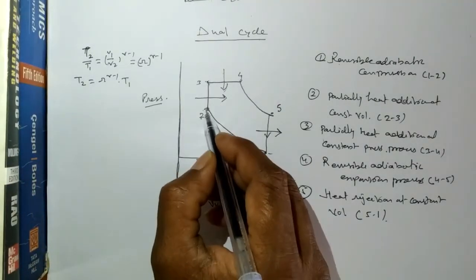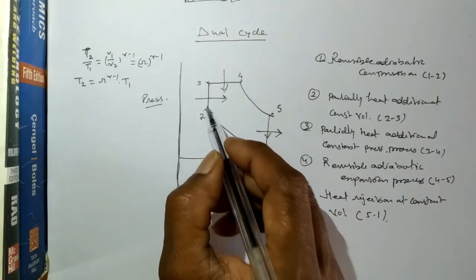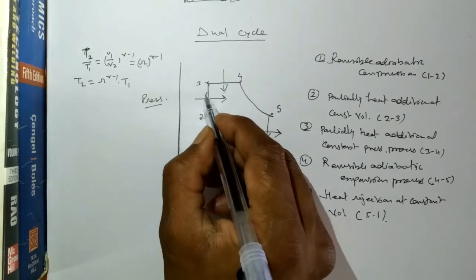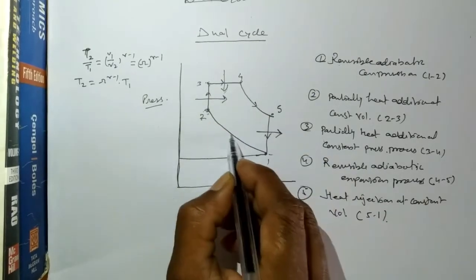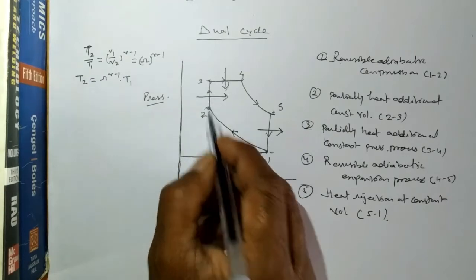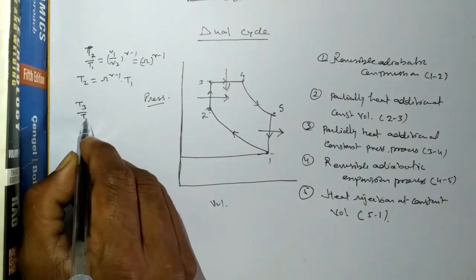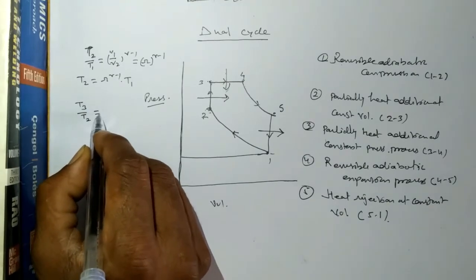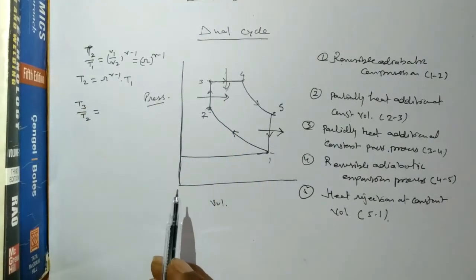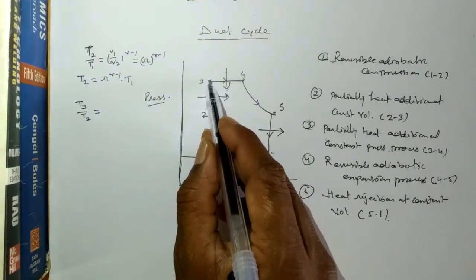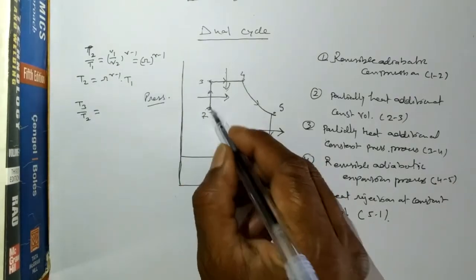The process 2 to 3 follows the isochoric rule, constant volume process.